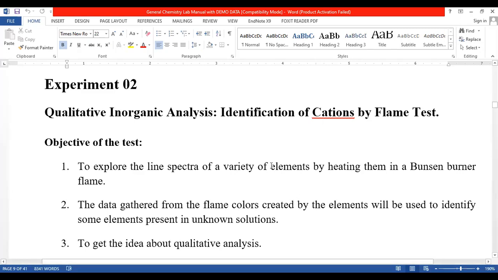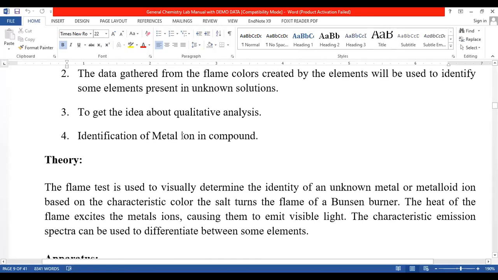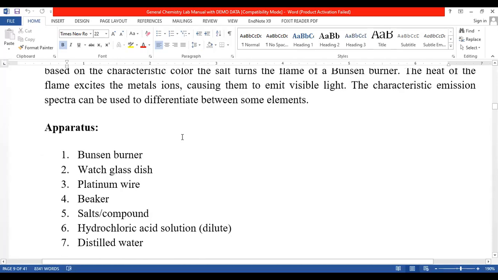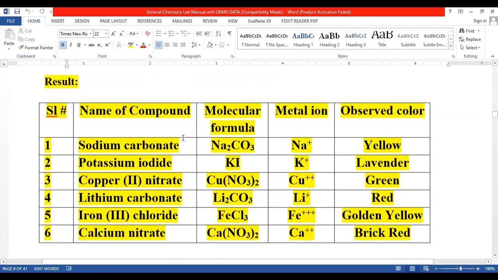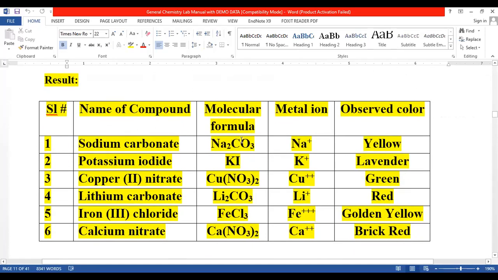It will help you understand the experimental procedure, theoretical background, objective, limitations, data, and the table, and how we will describe the result. And as I said earlier, during our next lab class, I'm planning to take a test on three topics: lab safety rules, identification and functions of lab apparatus, and the flame test.